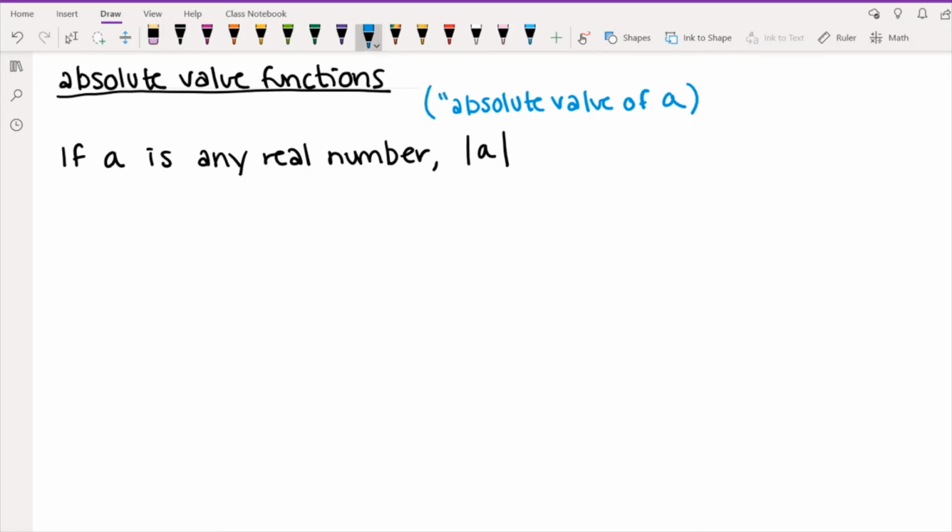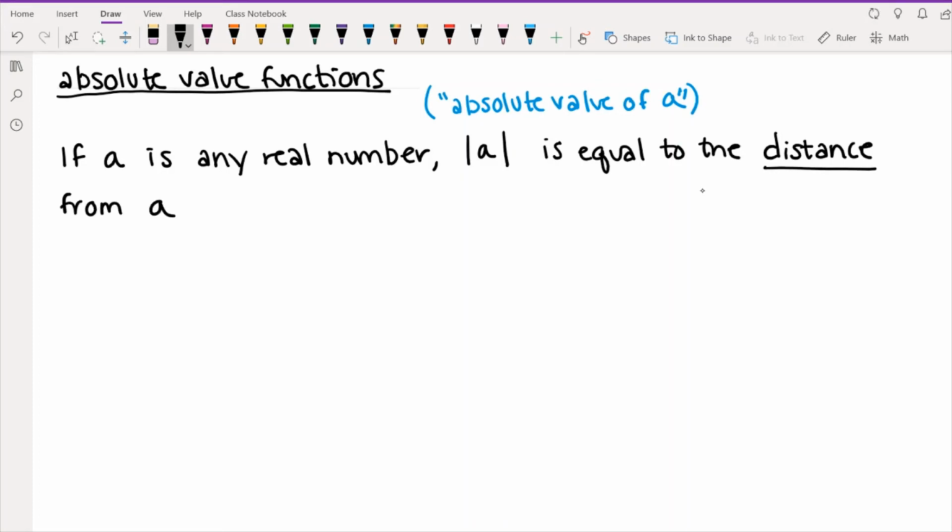I'll put it in quotes. What does that symbol mean? It basically means the distance that that number is from 0. And I'll explain a little bit more what I mean by the word distance. But it's the distance from your number to 0.